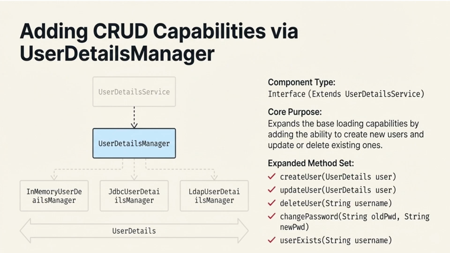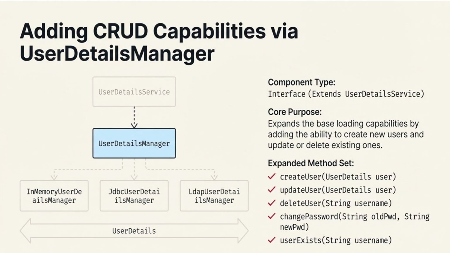So here you may have a question: why is there a separation of user details service and user detail manager? That is a very good question, and there is a very good reason why the Spring Security team separated these two interfaces with some of their methods.